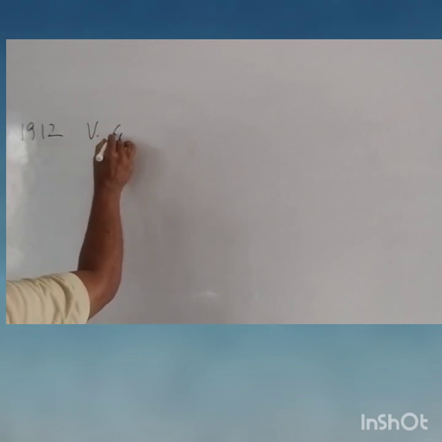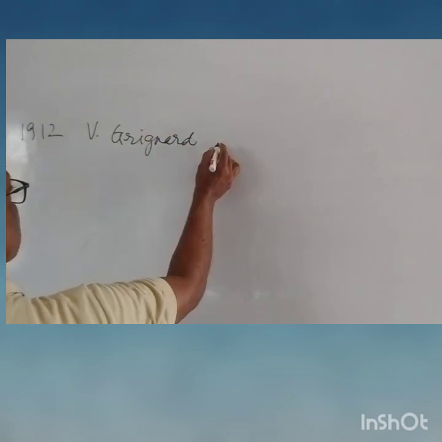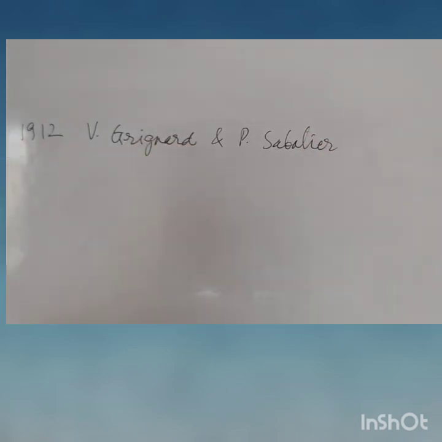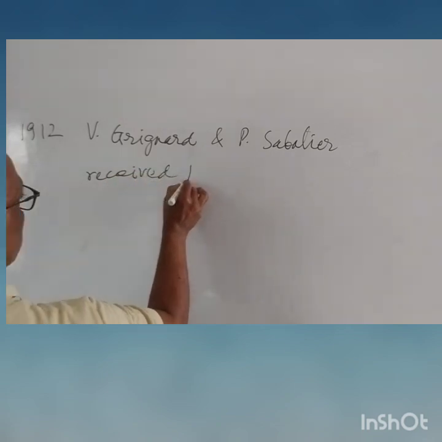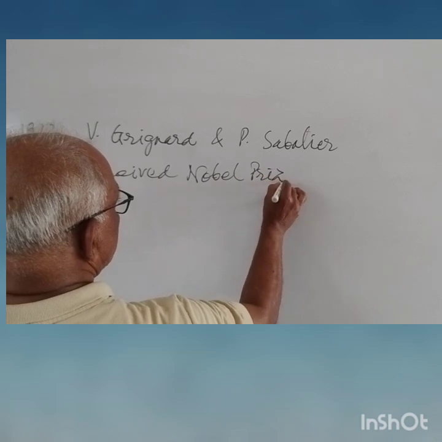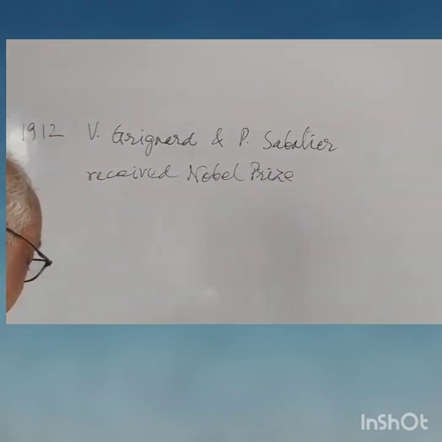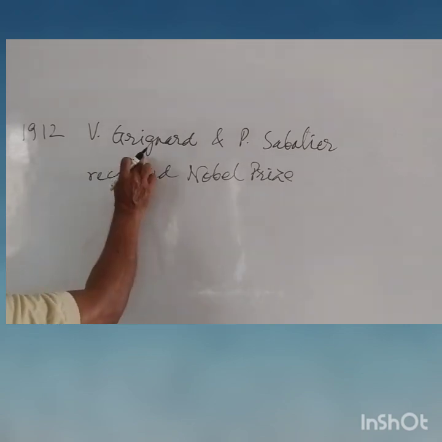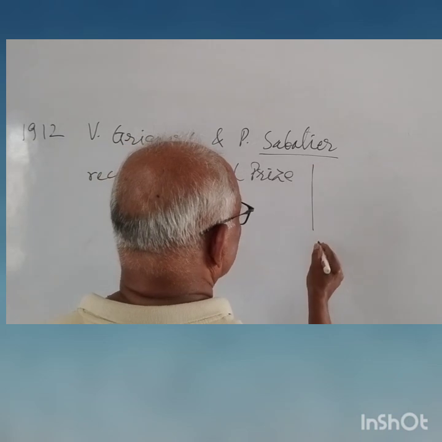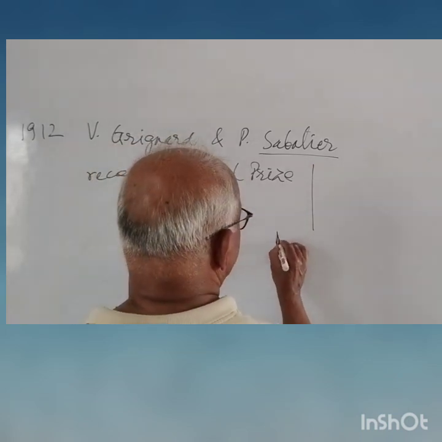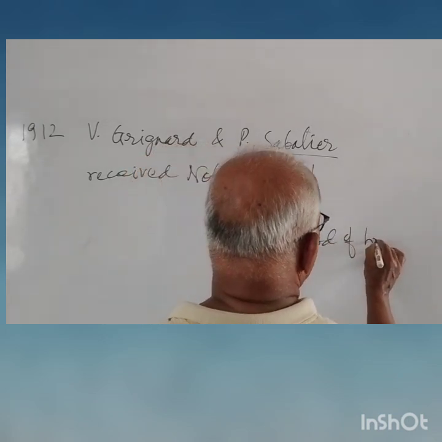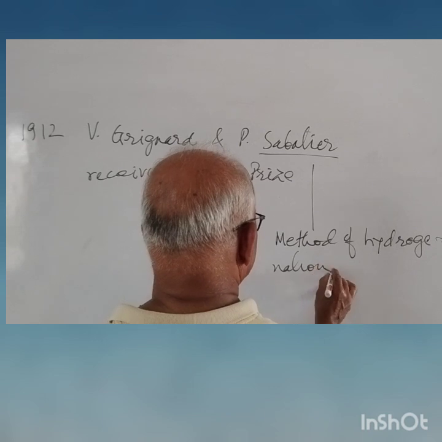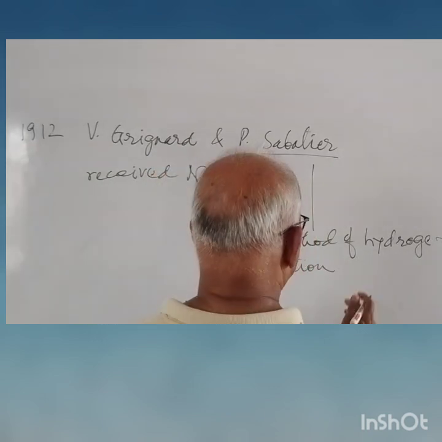This was for Grignard's reagent and P. Sabatier's method of hydrogenation, using metal powders.